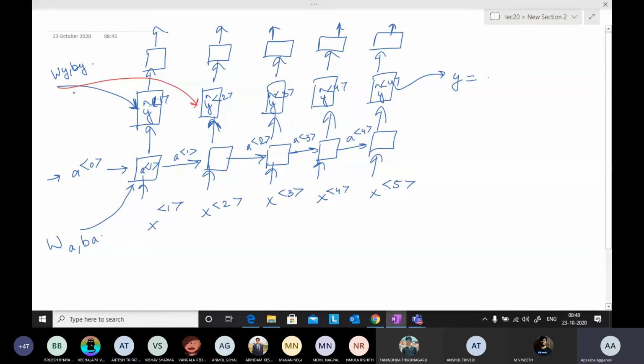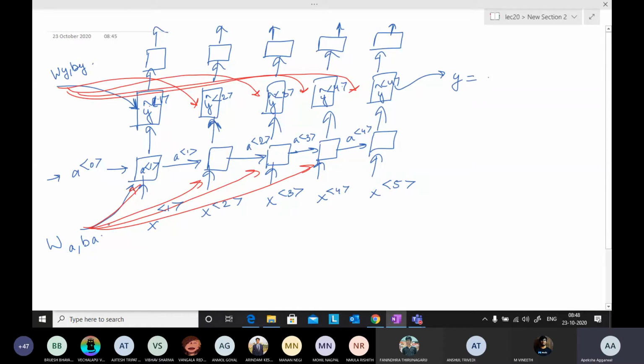These weights are also shared, and these weights are also shared over here.